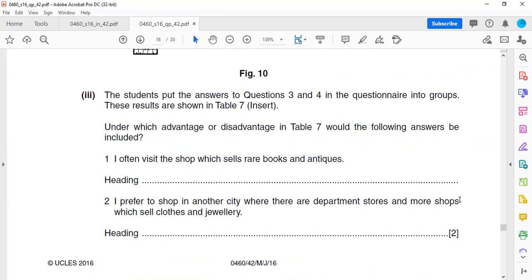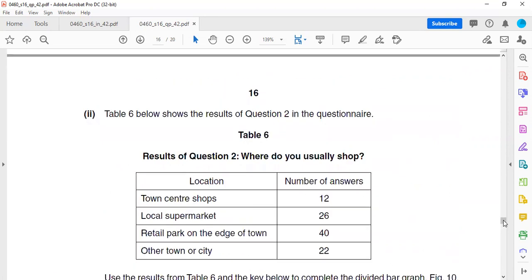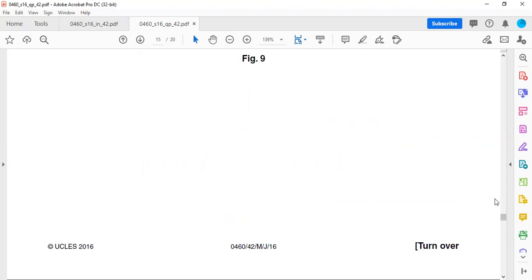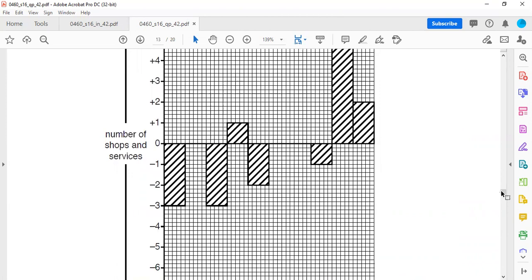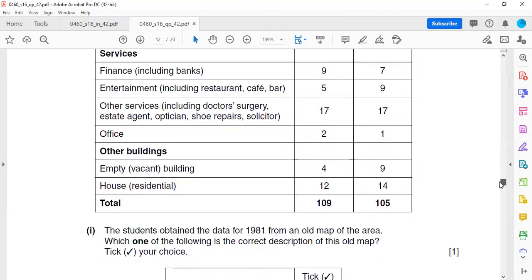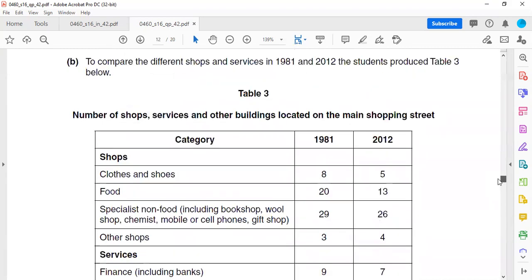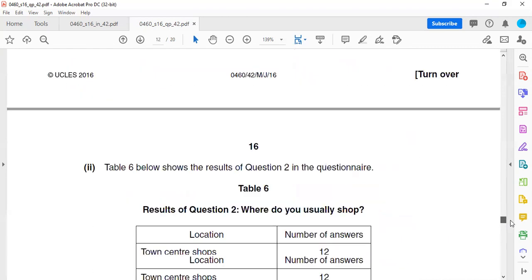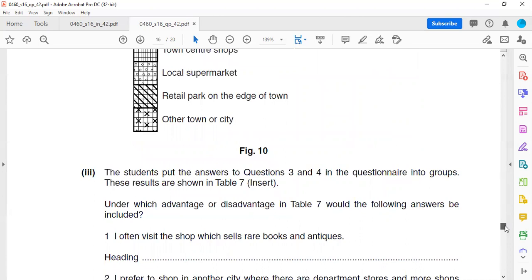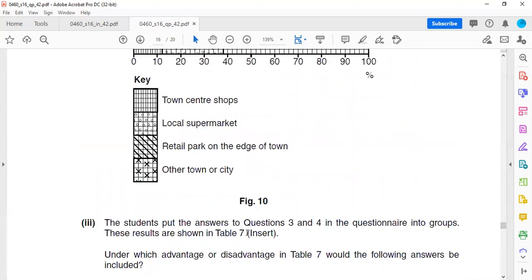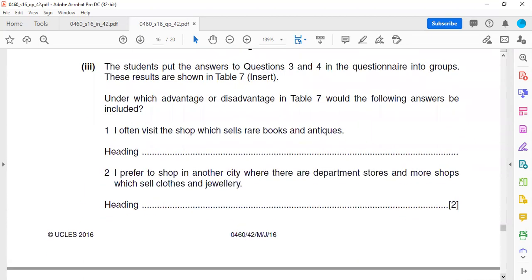That will be under shops that sell specialist goods. Okay, you go to table 7. Under table 7, that one has to be under shops that sell specialist goods. It's easy. Once you get there, you will see it.